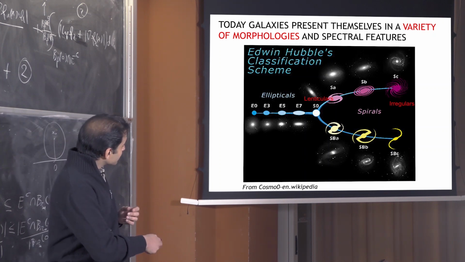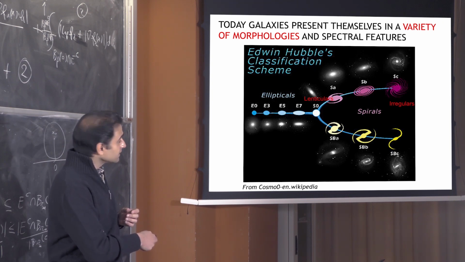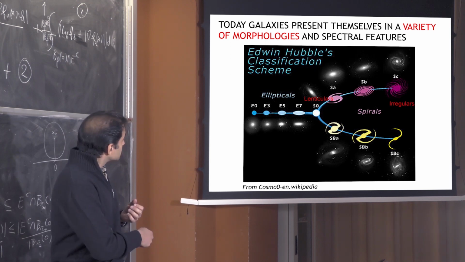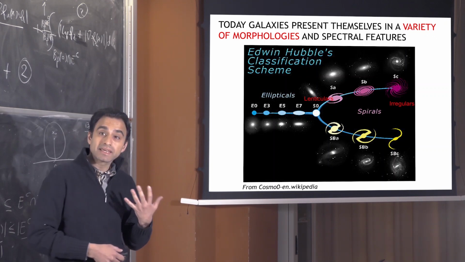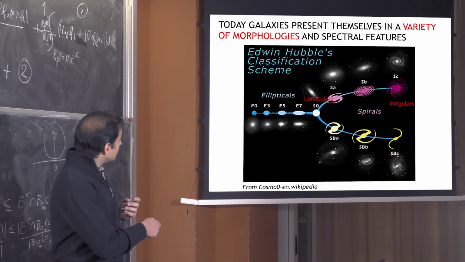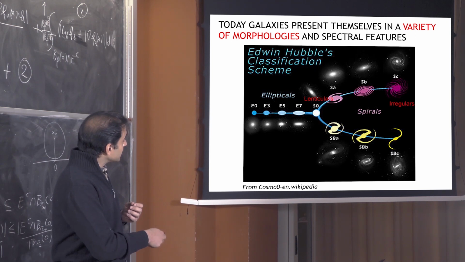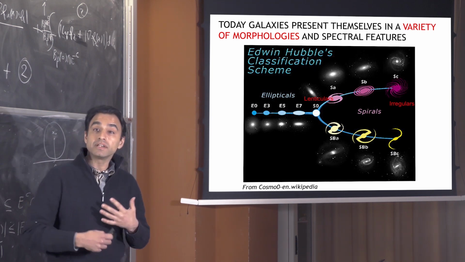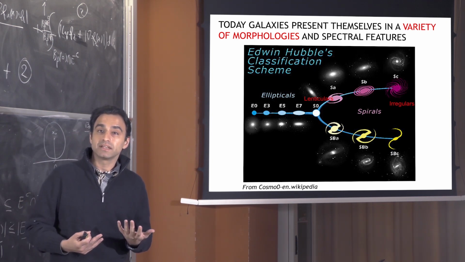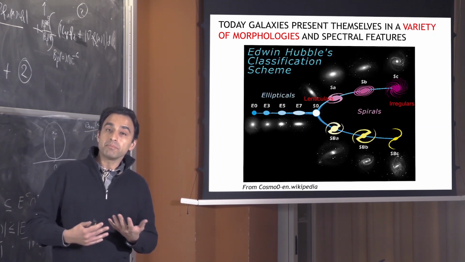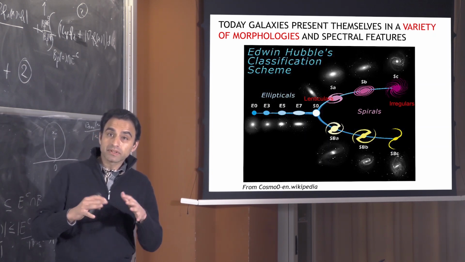When you move along this axis towards the right end of the diagram, you see that the morphologies of galaxies tend to change. So from round galaxies, you start having these disky shaped galaxies. The very first family that you encounter over here are called lenticular galaxies. Lenticulars are made up of a bulge and a disk.